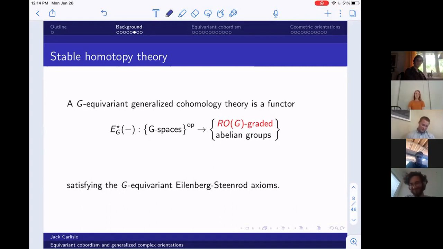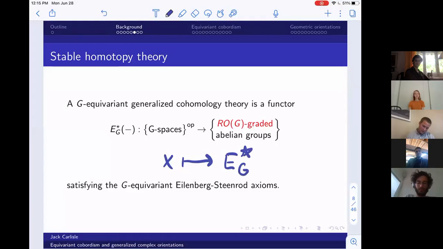What we want to do is we don't want to assign abelian groups just to topological spaces, but to G spaces. And we want this assignment to sort of take into account the G action on our topological space. So it turns out that the correct definition is that we want to assign to every G space X an RO(G)-graded abelian group, which I'll denote E upper 5-pointed star lower G of X. And this 5-pointed star, as opposed to the asterisk, is signifying that we are RO(G)-graded rather than just Z-graded.